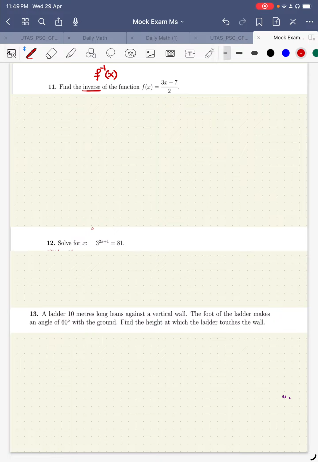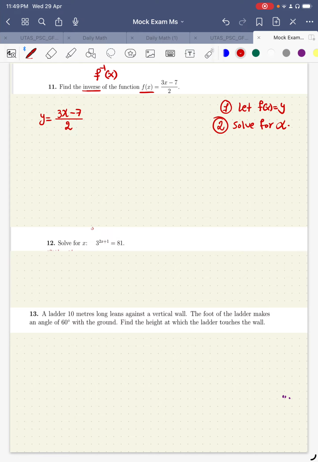The first step, we're gonna let f of x equal y, which means instead of f of x, I'm gonna write y. So y equal 3x minus 7 over 2, I'm gonna solve for x.